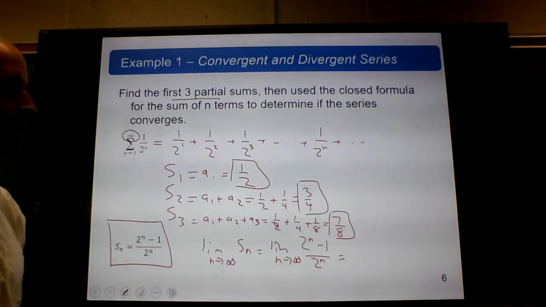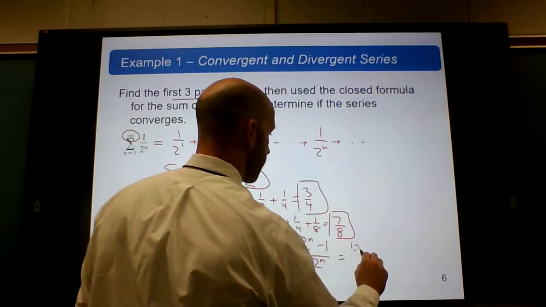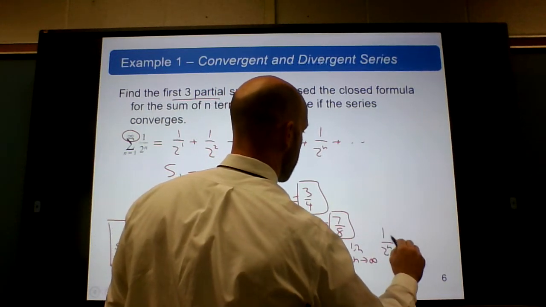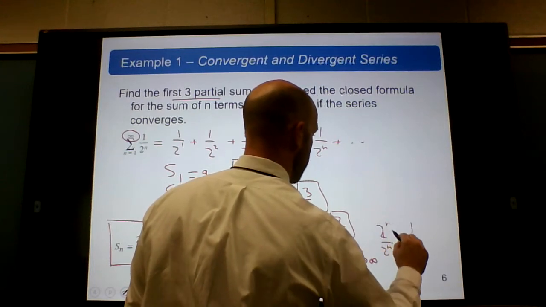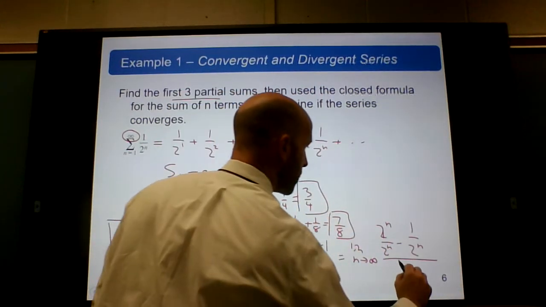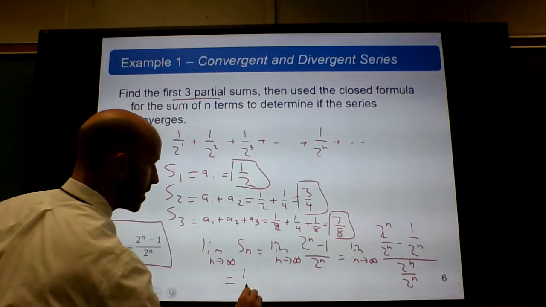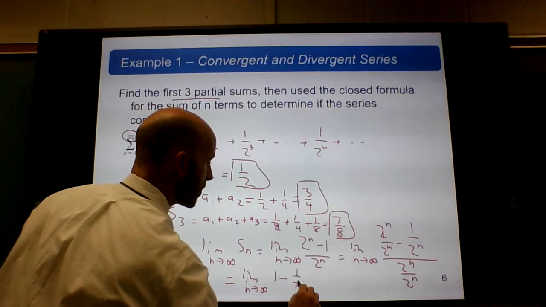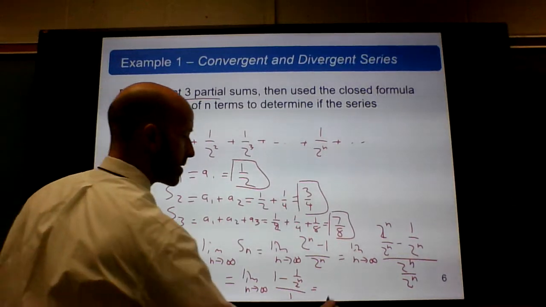And we can play the same trick that we've played many times, which is the limit as n goes to infinity of (2 to the n over 2 to the n) minus (1 over 2 to the n), which is equivalent to the limit as n goes to infinity of 1 minus 1 over 2 to the n. So that's going to give us 1.